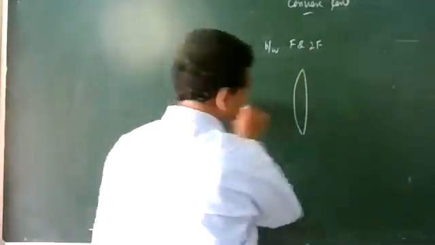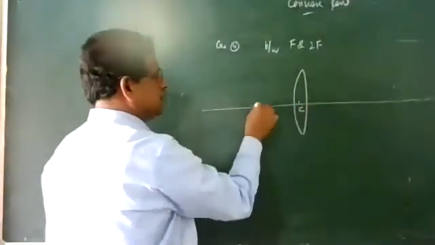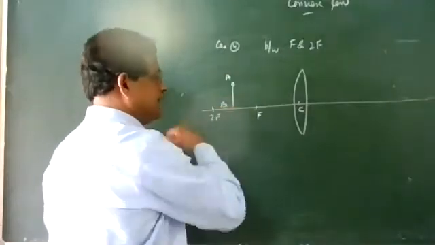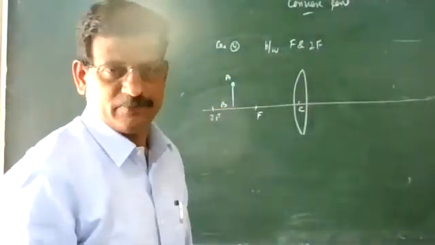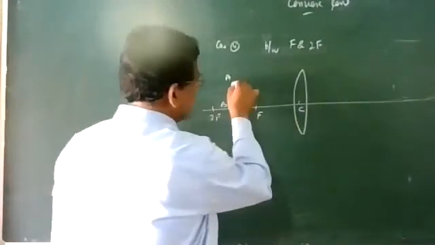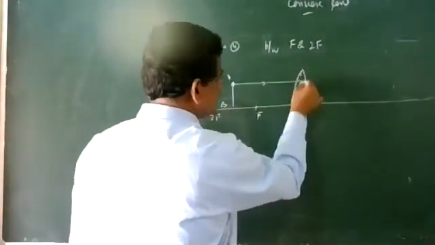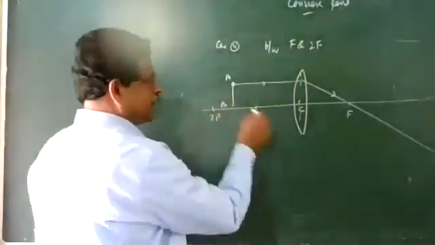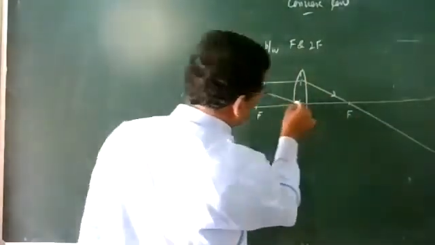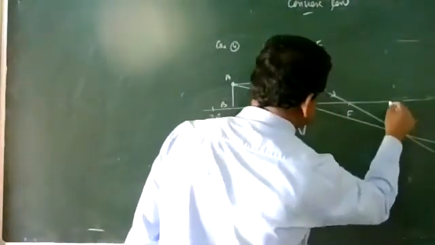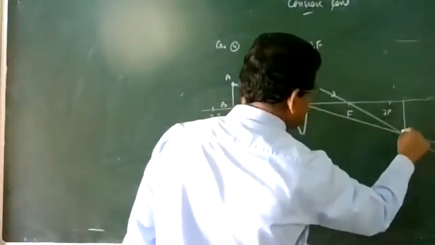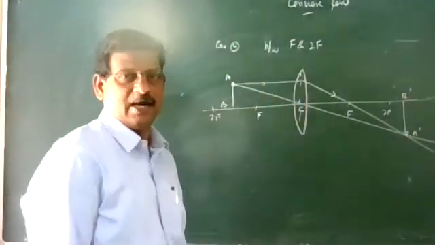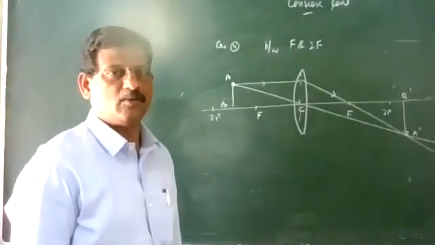The pattern of the diagram is the same. C, F and 2F. Object is here, between F and 2F. First ray parallel to the axis, after refraction passing through the focus. Second ray is passing through the center, goes without any deviation. The image is formed here as A'B', beyond 2F, and the size is a little bigger than the object.